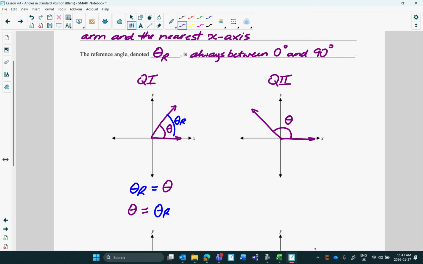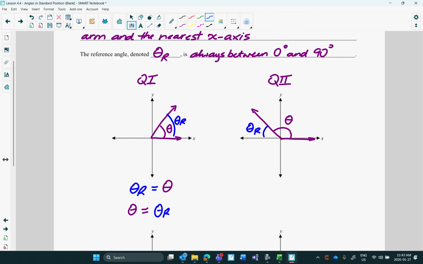Right here, right? Because it's formed between this and the nearest x-axis, which is this. So notice it's a little different. So how would we figure these out? Like, how would you find the reference angle if I gave you this? How would you find this if I gave you this?